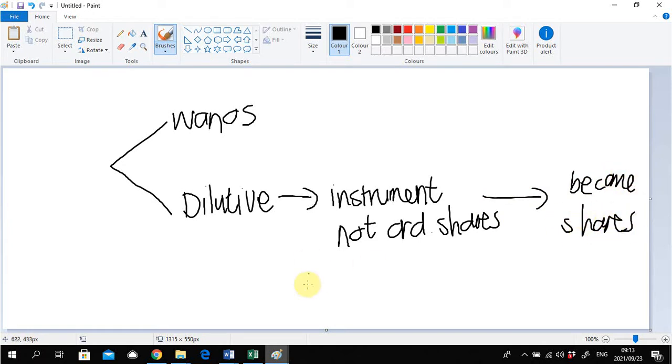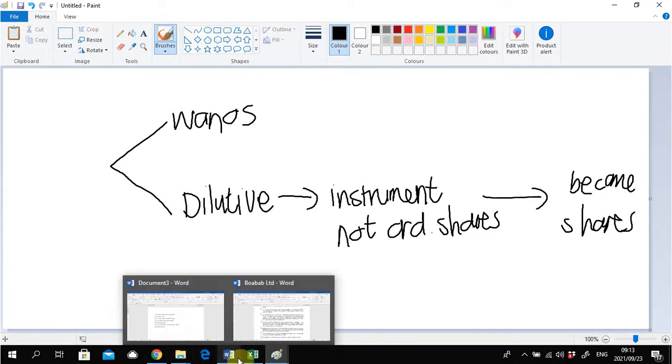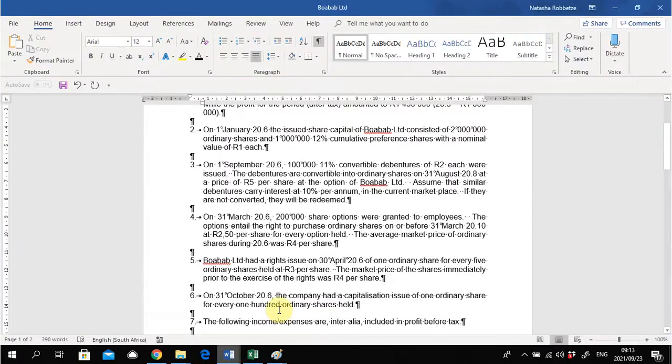So if we, for example, look at the note where they talk about the debentures, the debentures are currently not ordinary shares, but they have the potential to become ordinary shares by 31st of August 2008. So the item currently is not an ordinary share, but it can become an ordinary share.